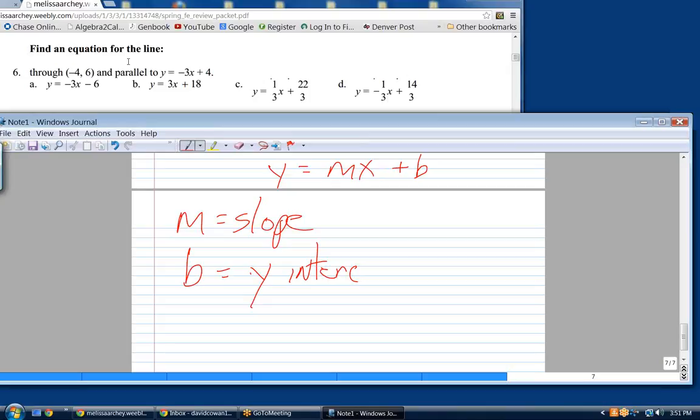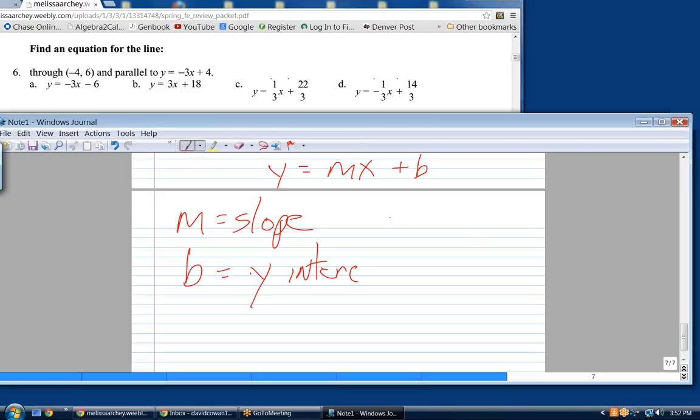Lines that are parallel to one another have the same slope. In other words, if I draw a line here and I give it a slope of that, and I say, well, I have another line that's parallel to that, they have exactly the same slope. So when they tell you that it's parallel to this line, they're telling us what the slope is.